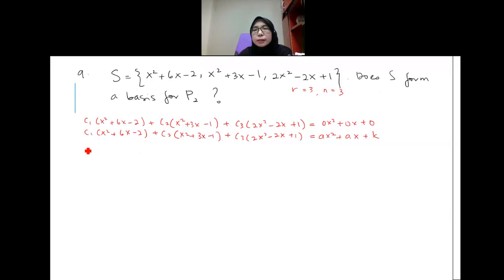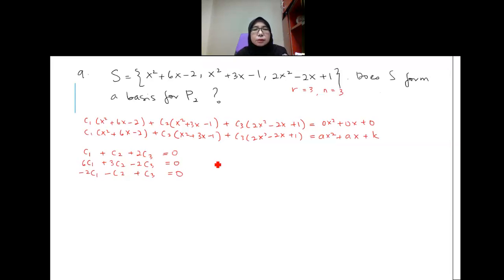So the next step is to write a linear system. The first equation is the coefficient of x squared: C1 plus C2 plus 2C3 equals 0. Then 6C1 plus 3C2 minus 2C3 equals 0. Then negative 2C1 minus C2 plus C3 equals 0.